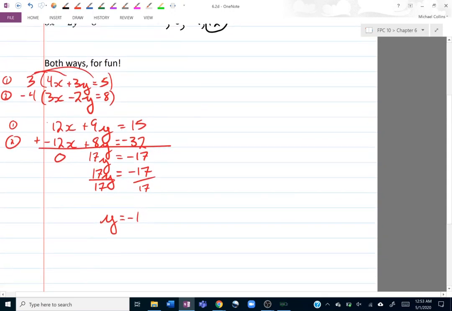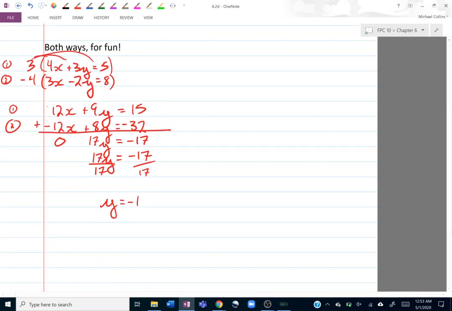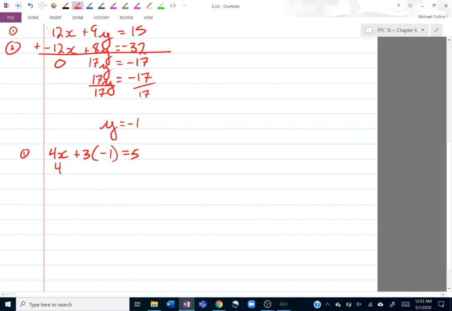I'm then going to take that and substitute it into equation 1 again. From equation 1, before I've multiplied it by anything, I get 4x plus 3 times negative 1 is equal to 5. My 4x minus 3 is equal to 5.